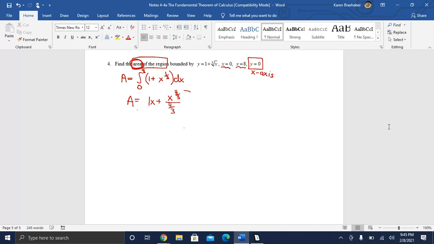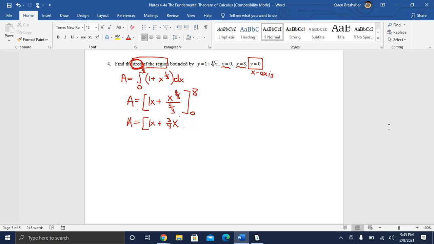And this is evaluated from 0 to 8. So simplifying just a little bit, 1x plus, and then our 4/3, we would multiply by the reciprocal 3/4 times x to the 4/3 power.